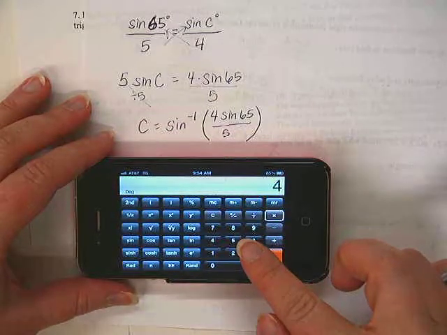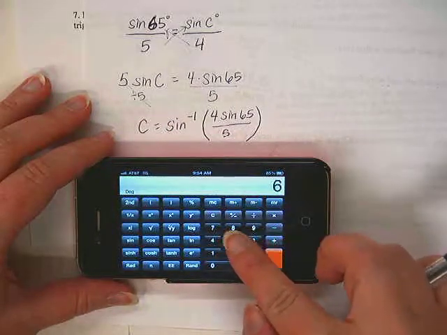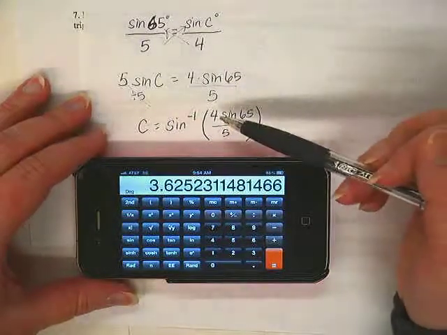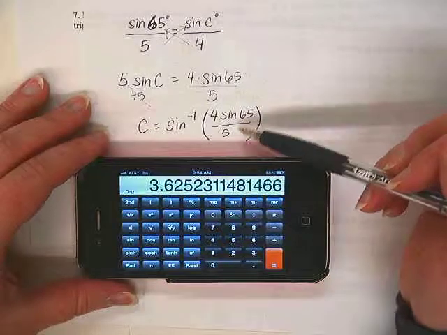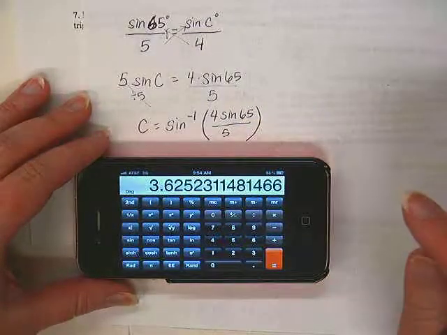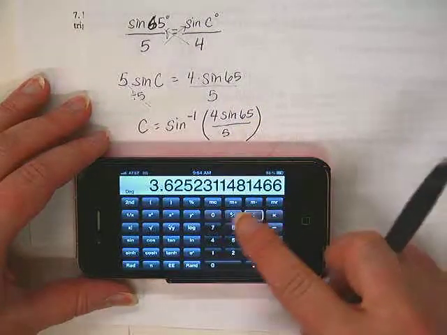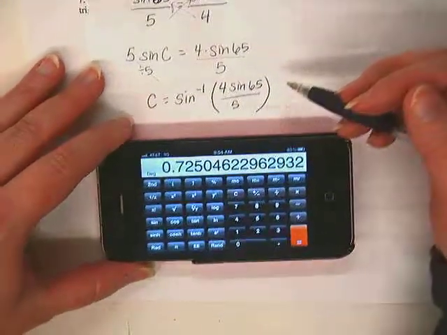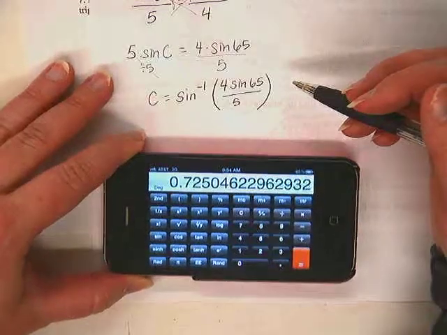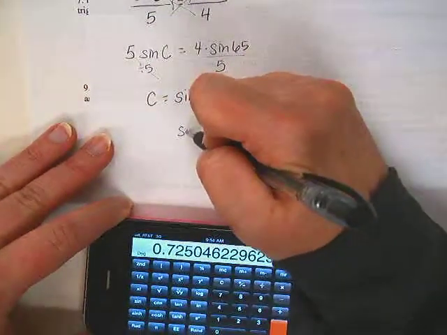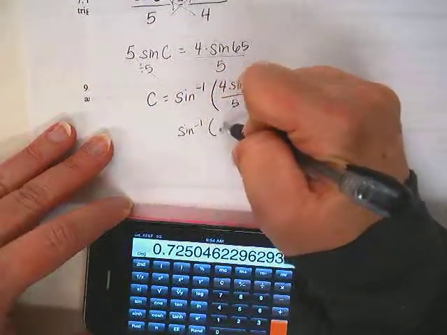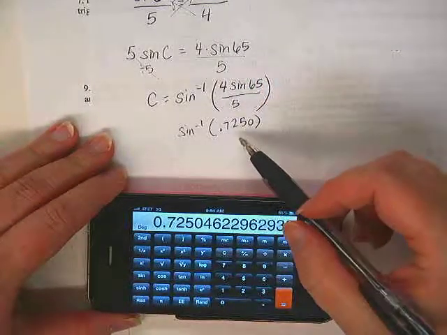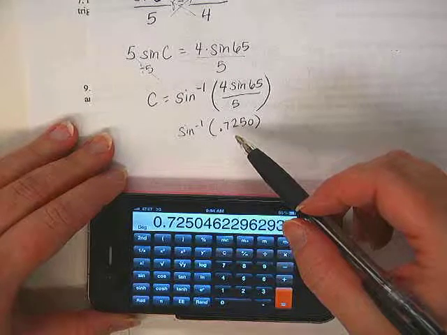So that means I go 4 times, how do I do the sine of 65? 65 sine equals. So that is 4 times the sine of 65. Now I have to divide that by 5. So what do I do? Divide 5 equals. That gives me a decimal. So now I have 0.7250. So I'm doing the inverse sine of 0.7250.